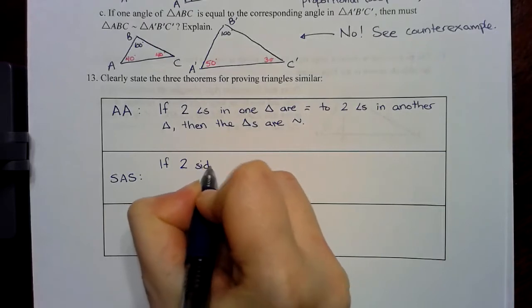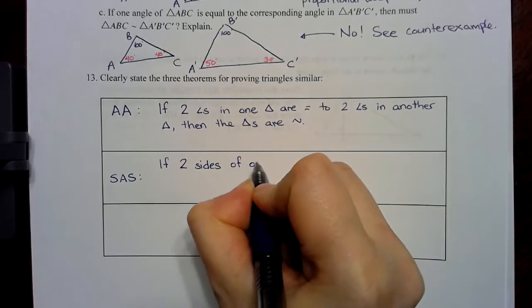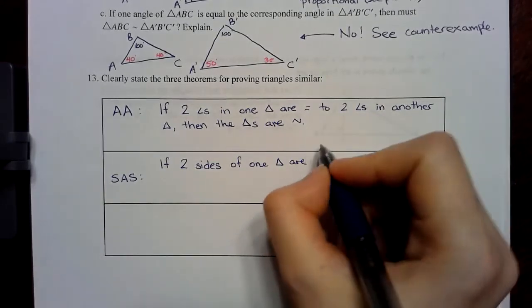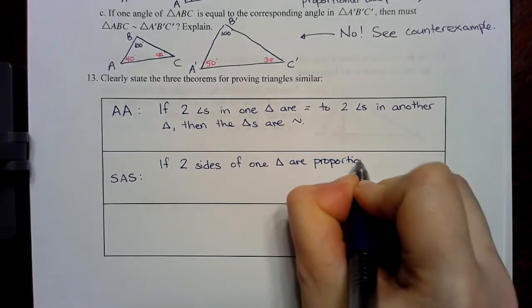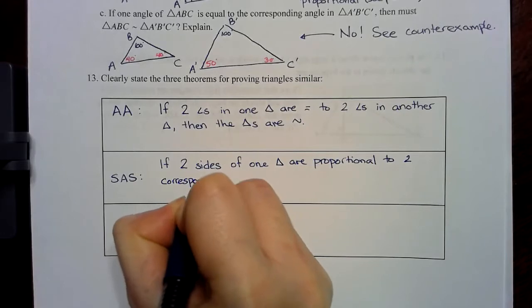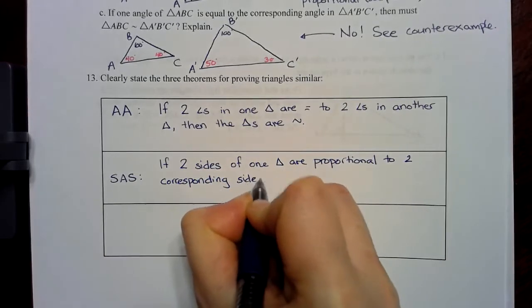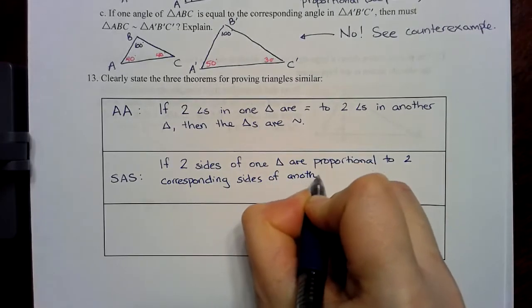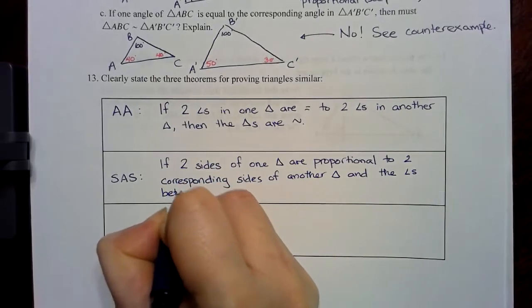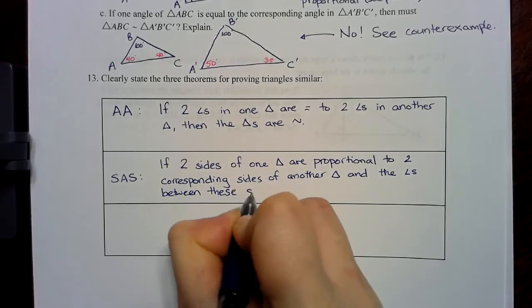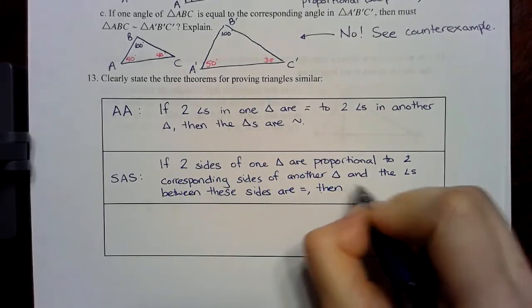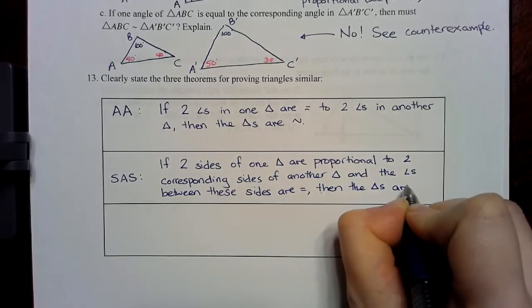So if two sides of one triangle are not equal but are proportional, because we're going for similarity, to the corresponding sides of another triangle, and the angles between these sides are equal, then the triangles are similar.